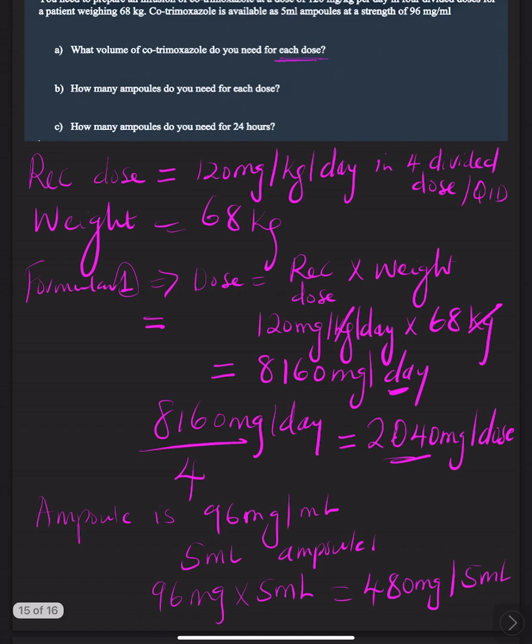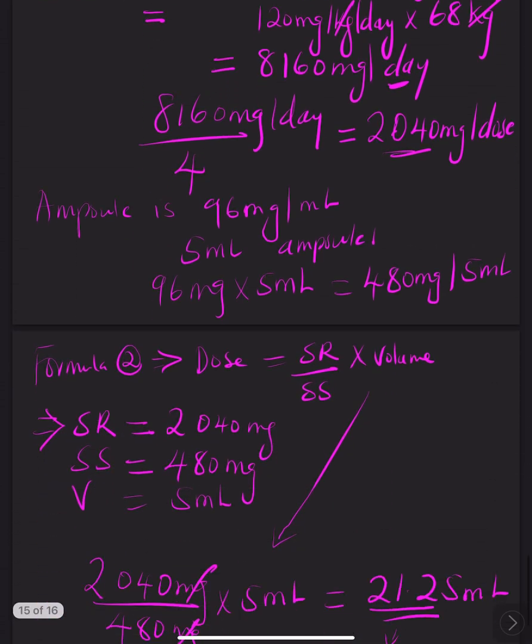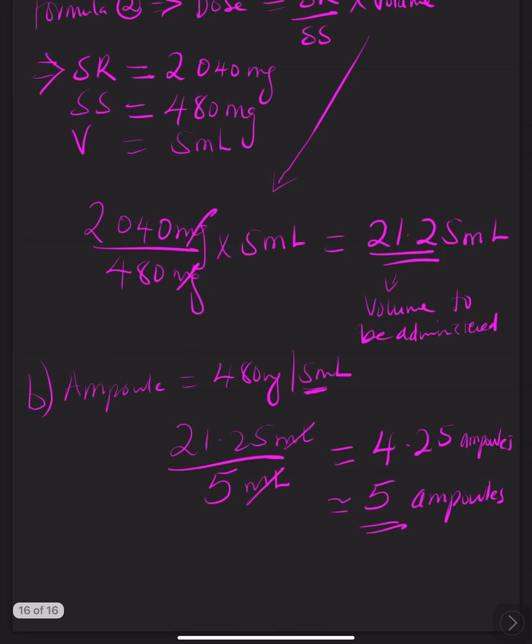And if you think about the question again, there is a part C. It's asking how many ampules you need in 24 hours. Remember, part C is asking about the ampules that you need to give in 24 hours. This medication is being given 4 times a day.